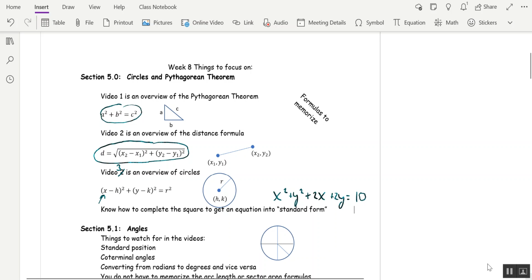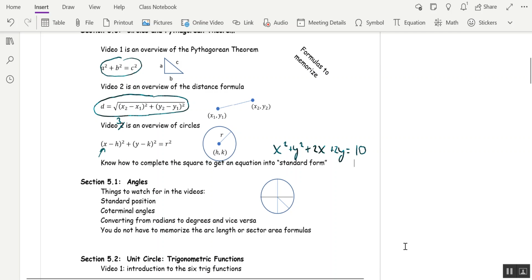Section 5.1 is pretty short. It's just an introduction to angles, how we measure angles, what an angle in standard position is, and a coterminal angle. So let me just mention coterminal here. In this picture here, I've got the angle negative pi over 4.